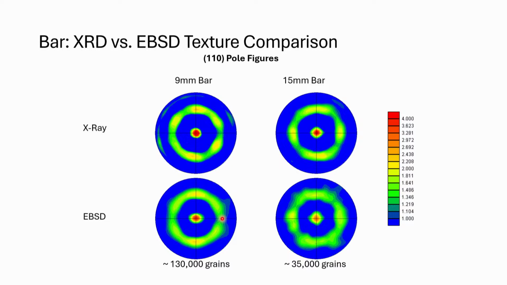You wouldn't expect them to be exactly the same because of the question that you asked about how we bin and how we calculate and where we truncate our series expansion, for X-ray and for EBSD both. But pretty representative. This scale is multiples of a uniform distribution. So about 4 times random in the center is pretty similar for both of these, right?